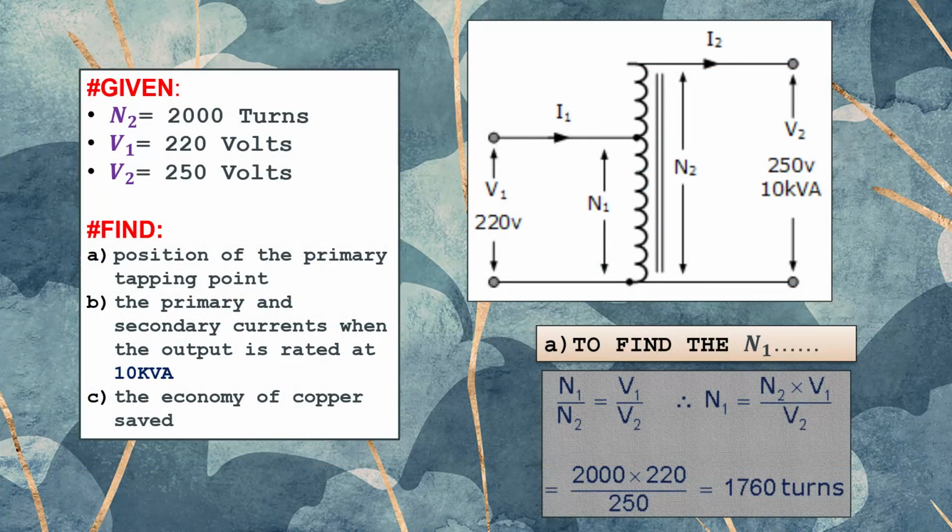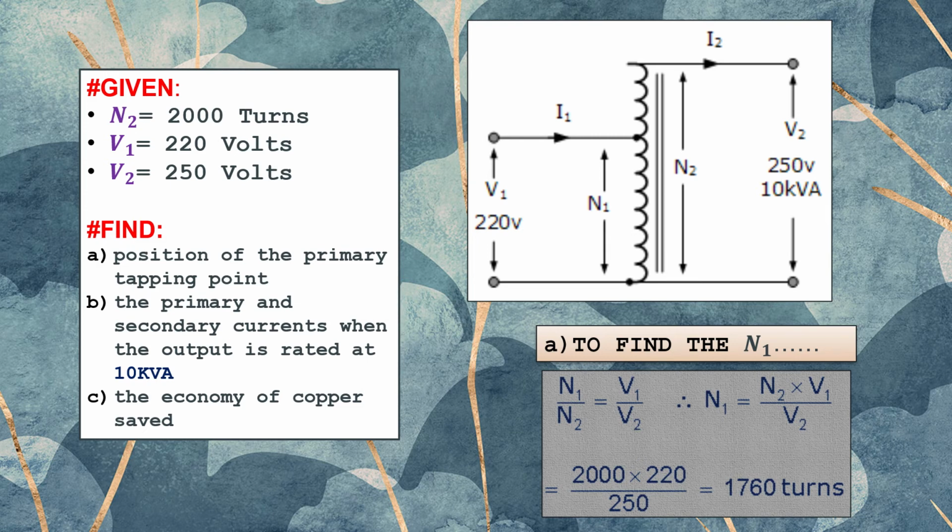Given N sub 2 is equal to 2000 turns, V sub 1 equals 220 volts, V sub 2 equals 250 volts. So in this sample problem, we need to find the number of coil turns on the primary winding, the primary and secondary currents when the output is rated at 10 kVA, and the economy of copper saved.